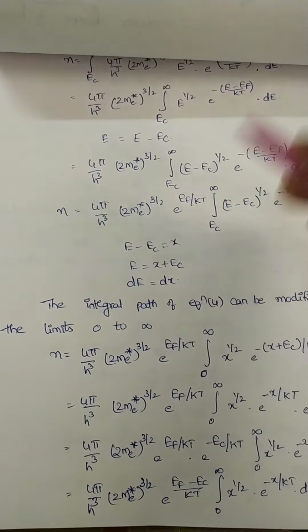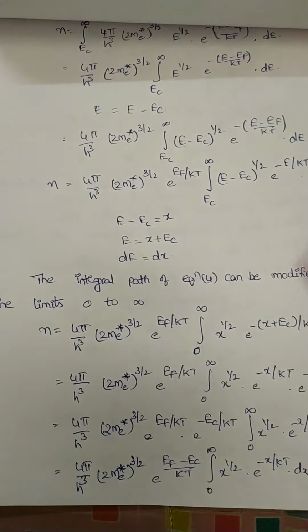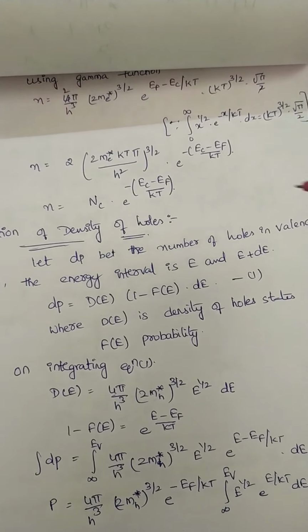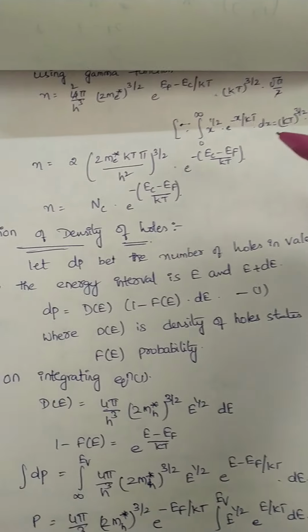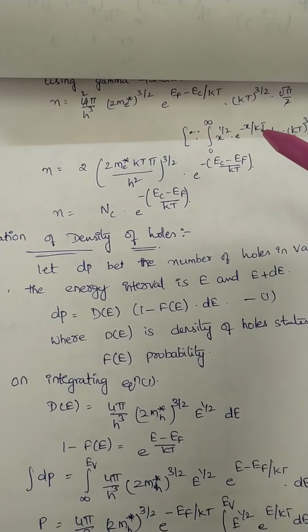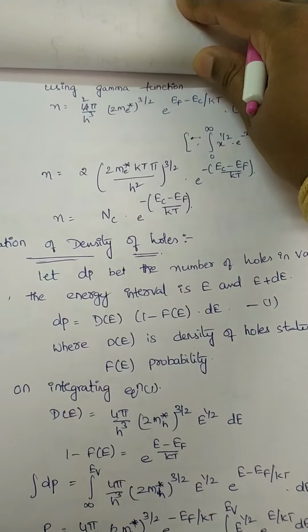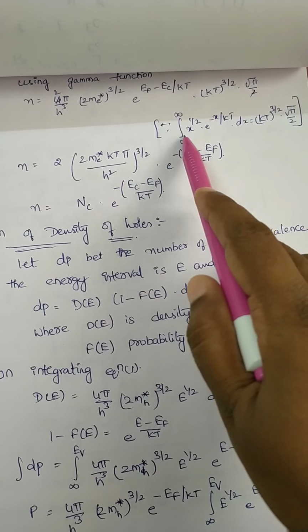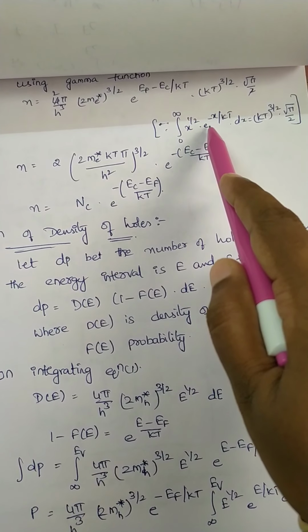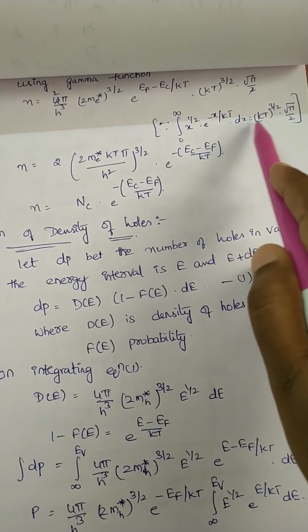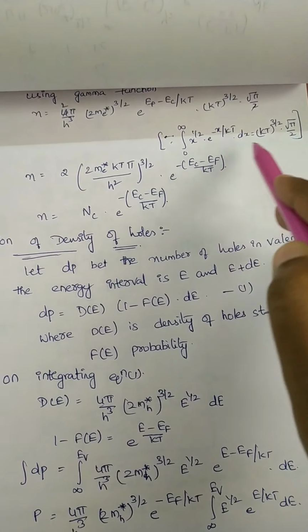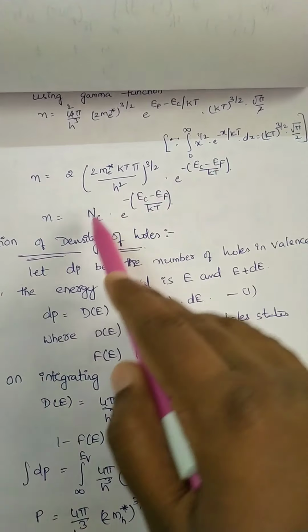Here we use one of the most important formulas, according to the gamma function. The integral of x to the power of half, e to the power of minus x by kT, dx is equal to this formula. This is from the gamma function.